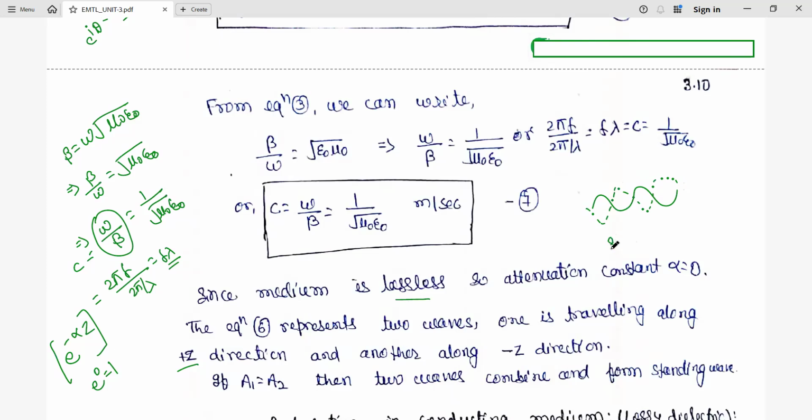So this is going to form the standing wave. That means A1, A2 is equal: the amplitude of the wave traveling along the z direction and the amplitude of the wave returning along the negative z direction are the same. So finally it appears as the standing wave.